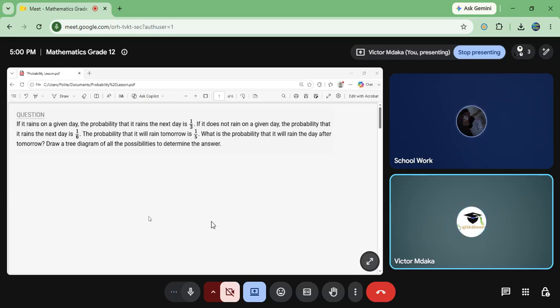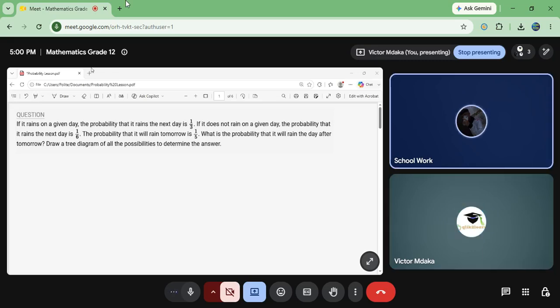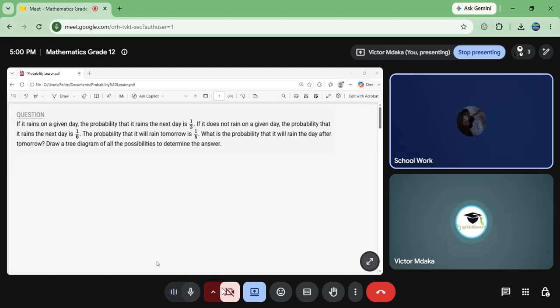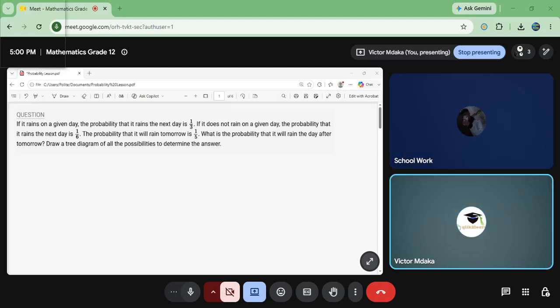Now, according to your own understanding, what is a tree diagram? Do you know what is a tree diagram? A tree diagram is useful for organizing and visualizing the different possible outcomes for a sequence of events.